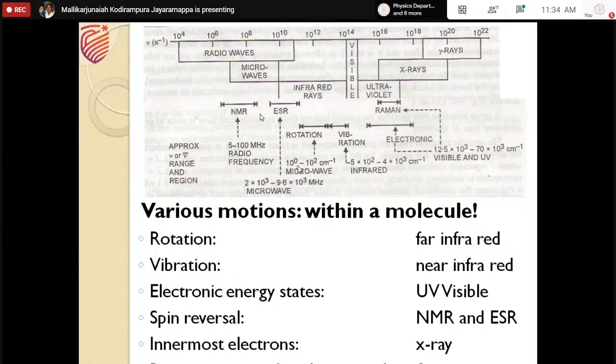And vibrational transitions come in the near infrared region. And then the electronic transitions happening in the system, the electronic energy states, come under the UV visible region. From a spectroscopic point of view, we get into IR and Raman spectroscopy, which I would like to avoid intentionally. So we started from infrared rays and ended with visible and ultraviolet rays.